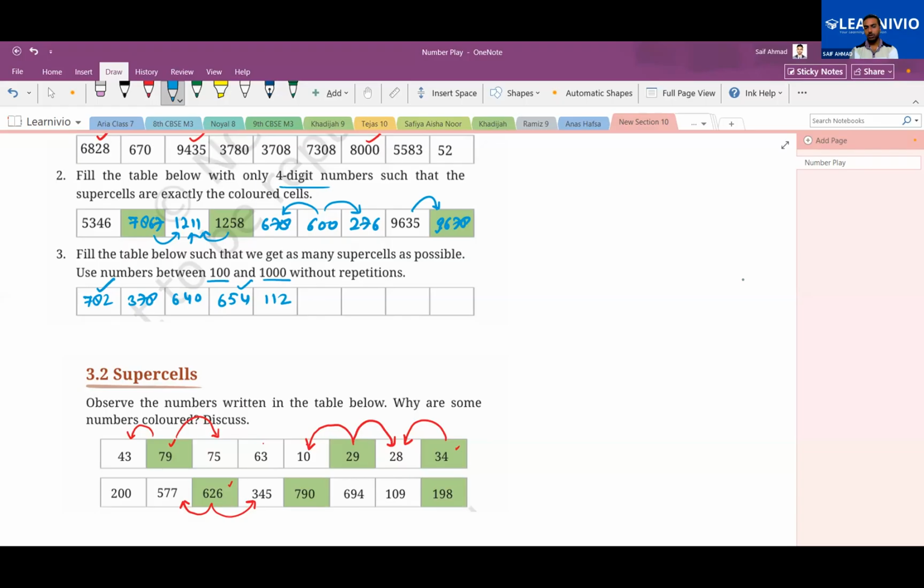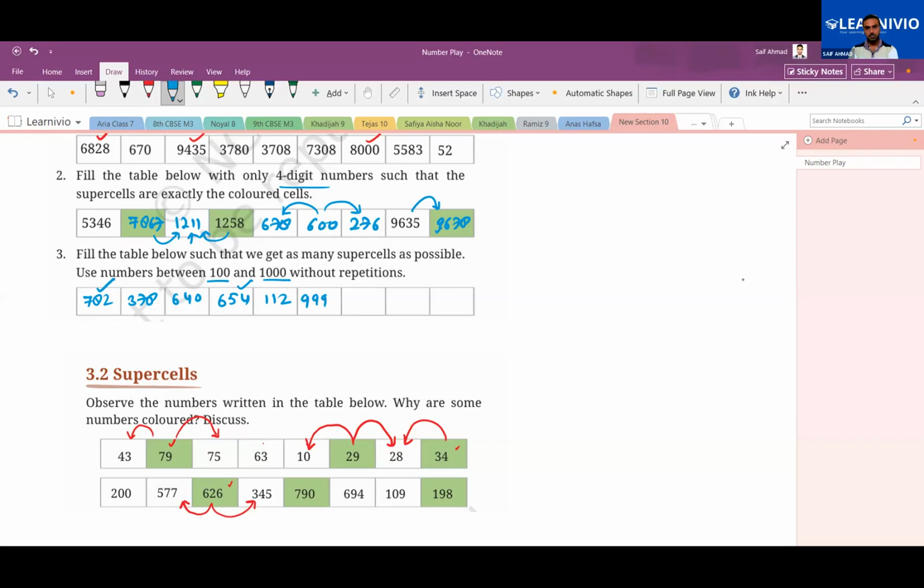No, Lubna, you have to use numbers between 100 and 1,000 only. You are using a number greater than 1,000. 999. Okay.